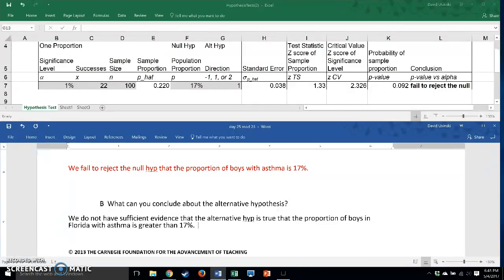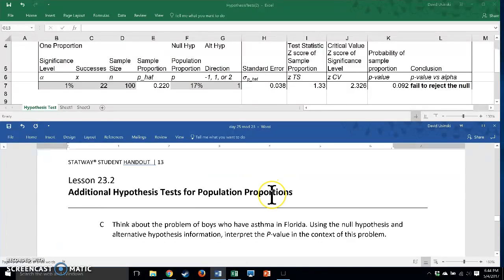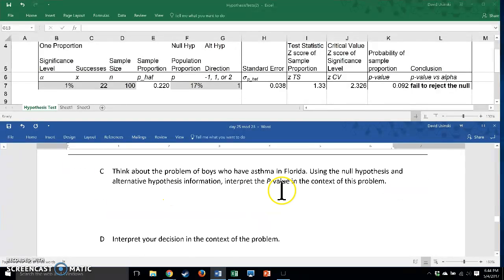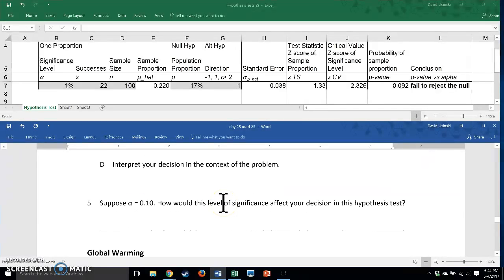In other words, it's not statistically significant. Yes, we do have a sample that's greater than 17%, but we haven't been able to rule out random chance. And for the context of this, interpret your decision. I think I did all of that already.